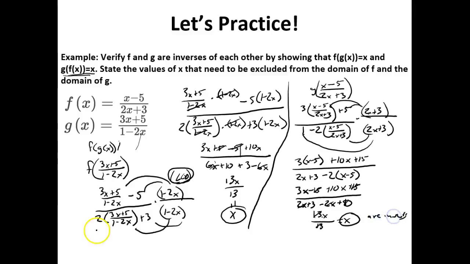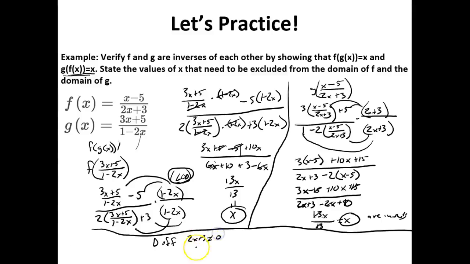Now, all that work, and what do we still have to think about? We still have to think about the values of x that need to be excluded from the domain of f and the domain of g. So what needs to be excluded from the domain of f? Well, we can't have the 2x plus 3 be 0, in which case x cannot be negative 3 halves.